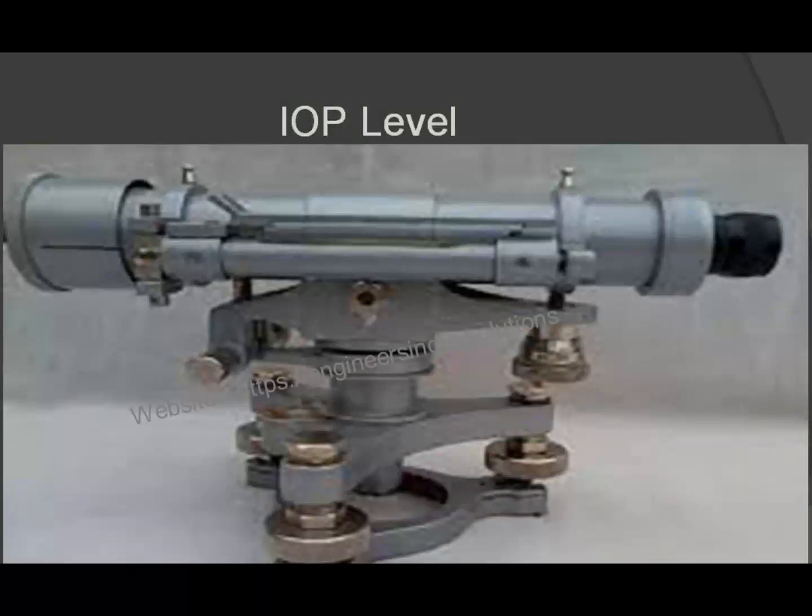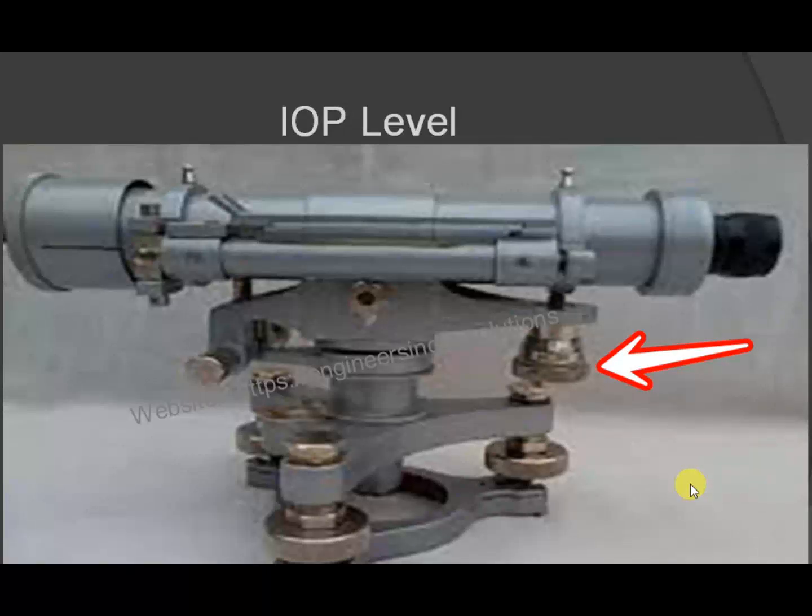Here I'm talking about the IOP level, and the reason for picking the IOP level is that this has an adjusting screw right over here, and this can be used for putting down the gradient or the slope that is required, and it also adjusts the bubble tube in case your instrument is not being set properly.